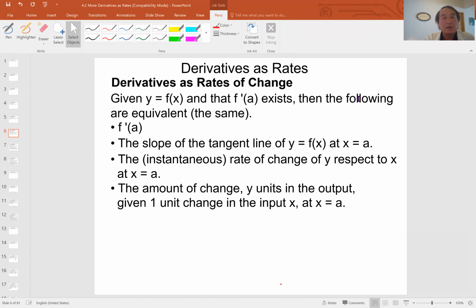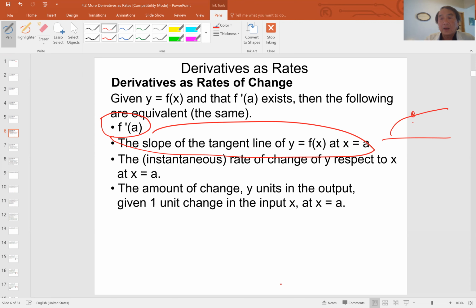And f prime of a is basically just algebraic calculations. We can think of that number as the slope of the tangent line on the graph. So on the graph at a point a, the slope of the tangent, f prime of a, is also the instantaneous rate of change.